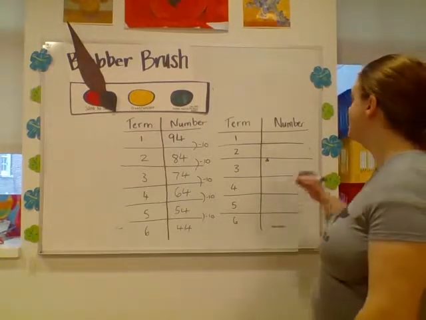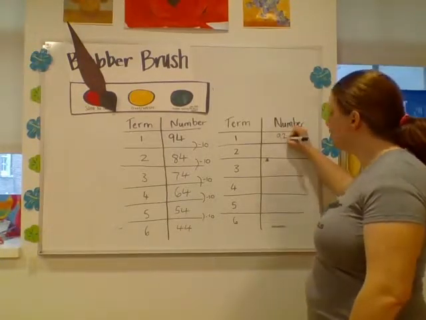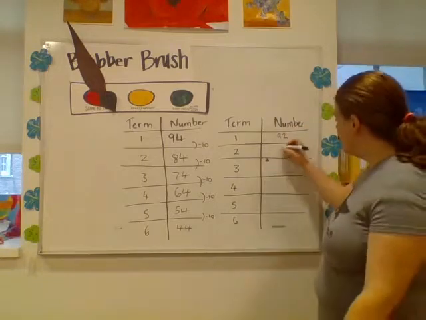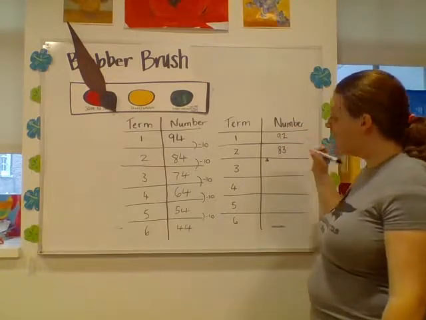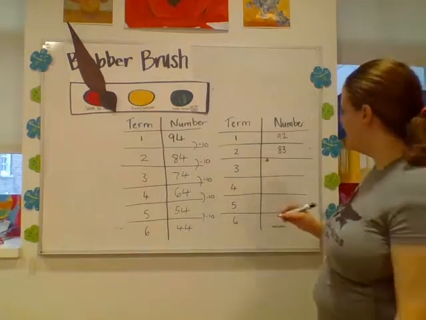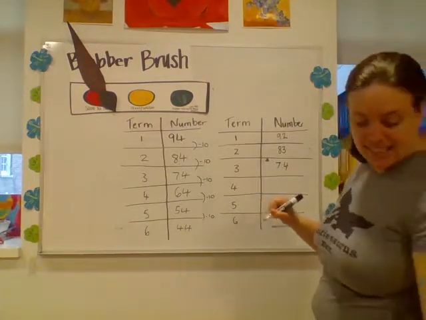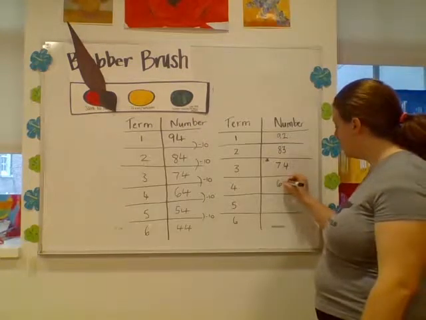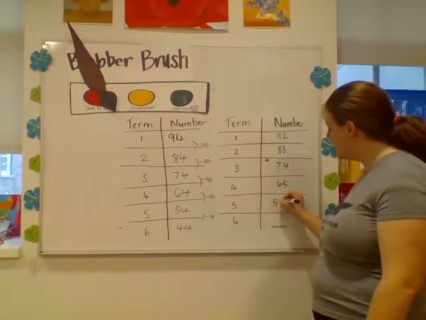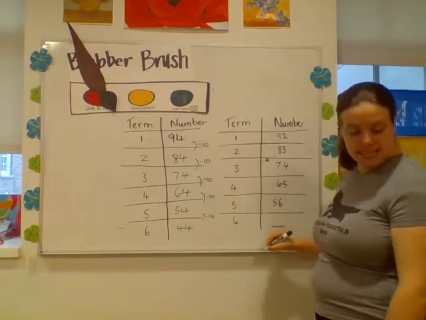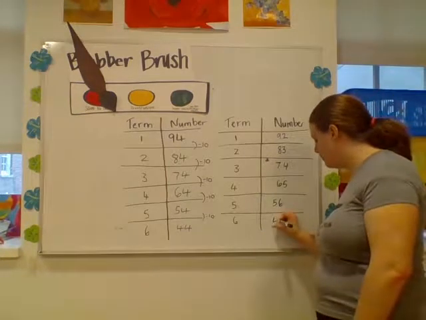So I'm going to write these in my table. 92, and then after that is 83, and then 74, and then 65, then 56, and then last is 47.